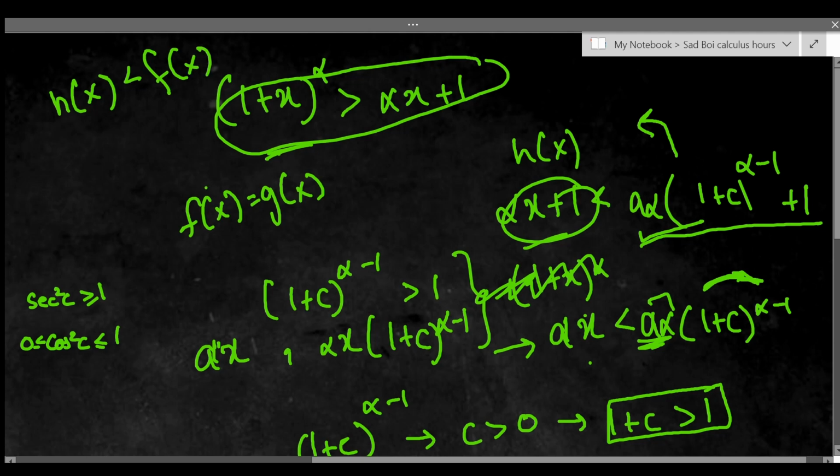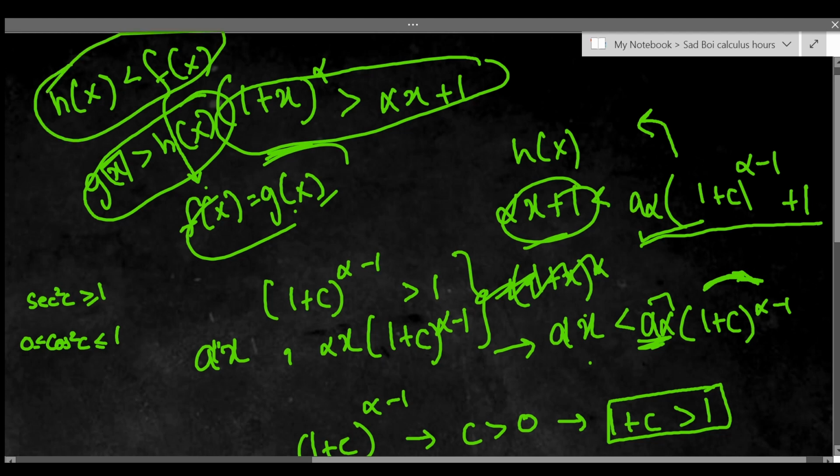So if f of x is greater than h of x, then g of x must also be greater than h of x, right? So this is what we've done. If f of x equals g of x, and f of x is greater than h of x, then g of x is also greater than h of x because it's equal to f of x.